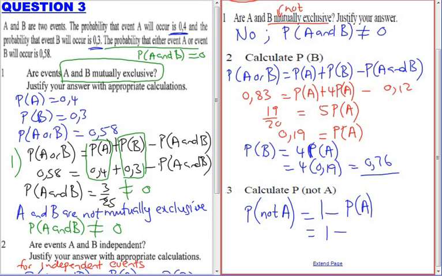So it will be 1 minus the probability of A, which we calculated to be 0.19 over here. So let's say 1 minus 0.19. Okay, so it does look like that would be 0.81 right there.